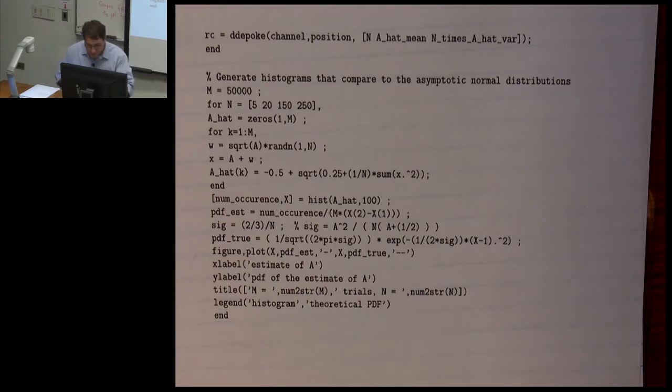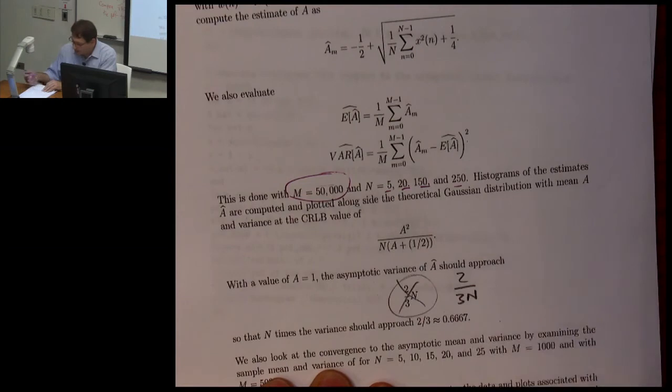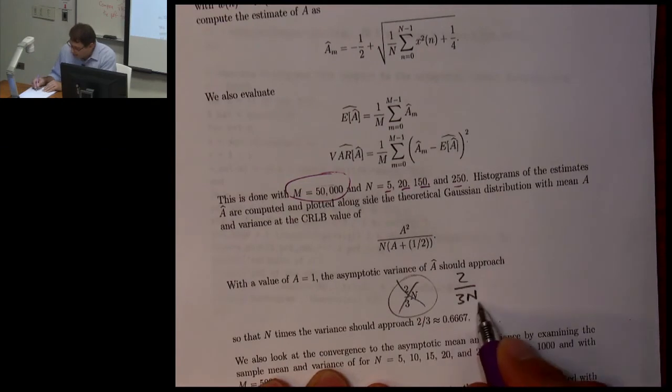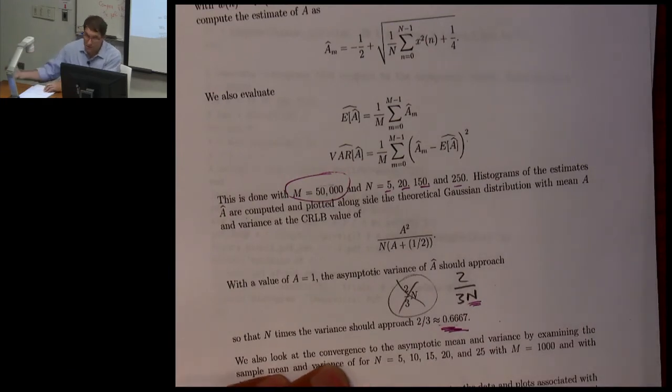And if we look at the tables, I should point out again that we're first going to look at the variance tables. Basically, when I've scaled this by n, the variances should just be 2/3. If we've achieved the Cramer-Rao lower bound, then the variance should be close to 2/3.